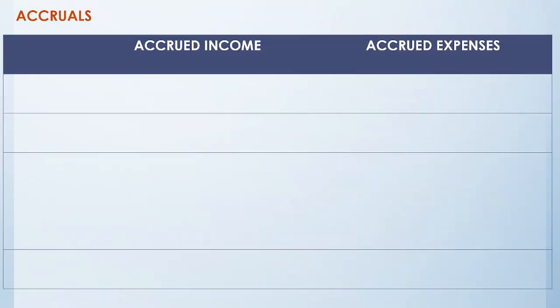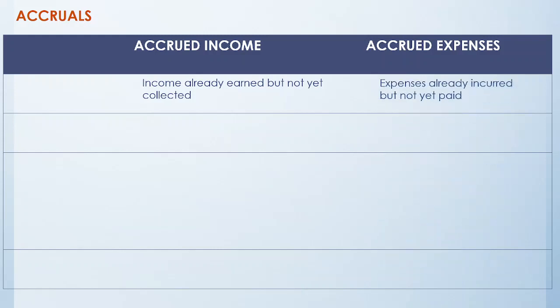In accounting, accrual means to recognize revenue or income earned regardless of when it is collected, and we call that accrued income. And also to record expenses incurred whether paid or not, and we call that accrued expenses. We have pro forma entries to record accrued income and accrued expenses.